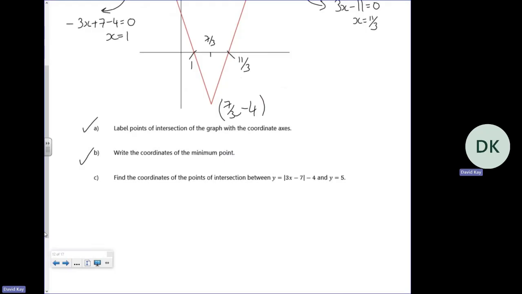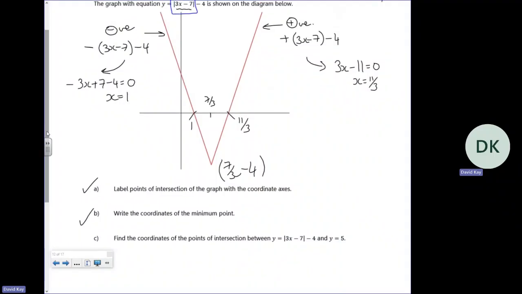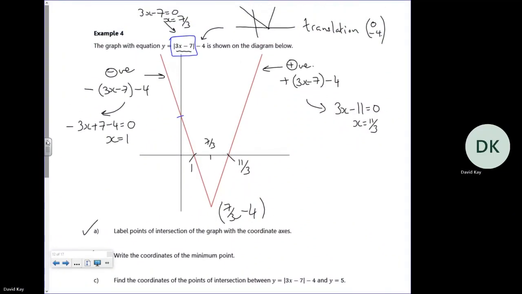Then it says, find the points of intersection between that line and y equals 5. If I had a line where y equals 5 is, and I've not put that on there, but when x is 0, what's that going to be? 3, isn't it? So I know that the line 5 will be above it.